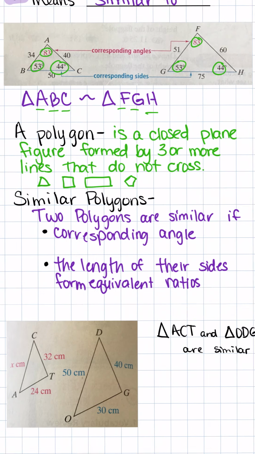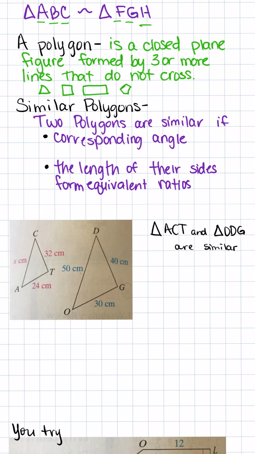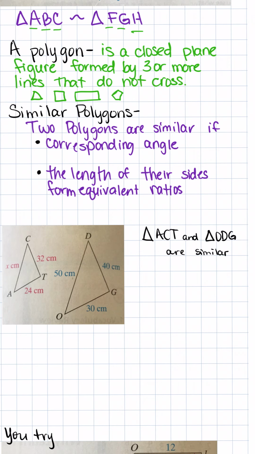Okay, so now let's look. Triangle ACT and triangle ODG are similar. Awesome. So that means that they are the same ratios. So we can say that line AC and OD are the same, and AT and OG are the same.